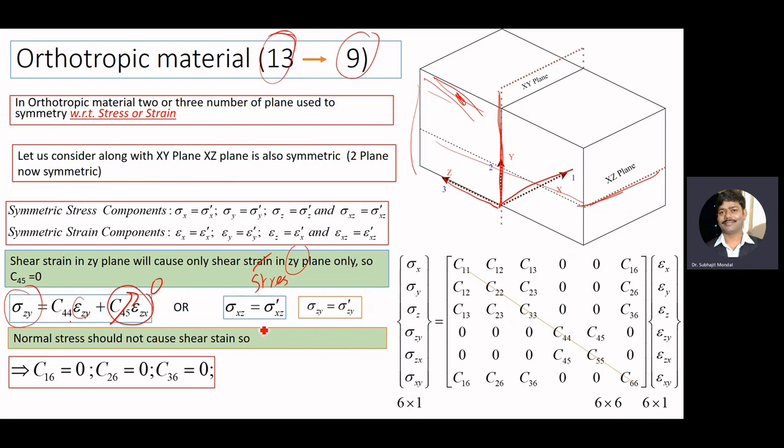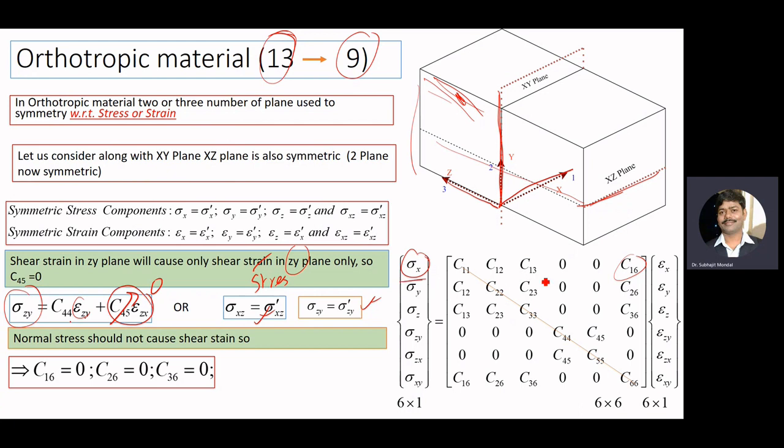This also can be achieved using the condition that sigma XZ is equal to sigma XZ dash, or sigma YZ is equal to sigma YZ dash. Now one more thing you should observe: the normal stress should not cause shearing stress in the other plane.